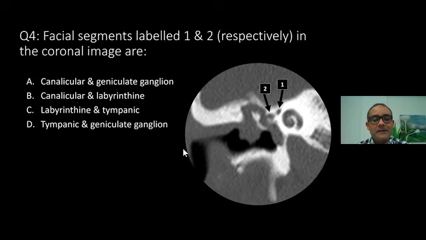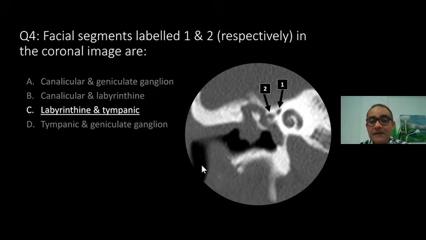Well, we've got some sort of split here, but we have one correct answer. It's the labyrinthine and the tympanic. And I'm going to teach you something that is actually interesting. When you do coronal imaging of the facial nerve, you scroll through the coronal planes until you get this funny shape or configuration.